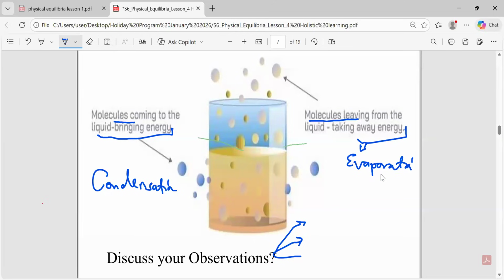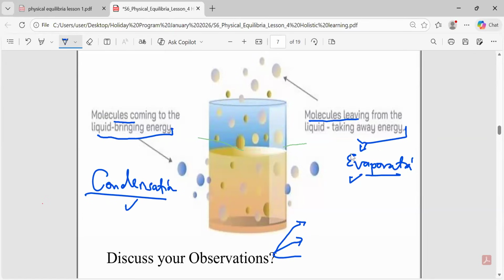Evaporation. So in simple terms, we have evaporation and condensation taking place, and we see that they are taking place at the same time. Some molecules escaping from the liquid into the air, this is evaporation. Some molecules returning from the air into the liquid, we call this condensation. Now, what is happening to the energy?